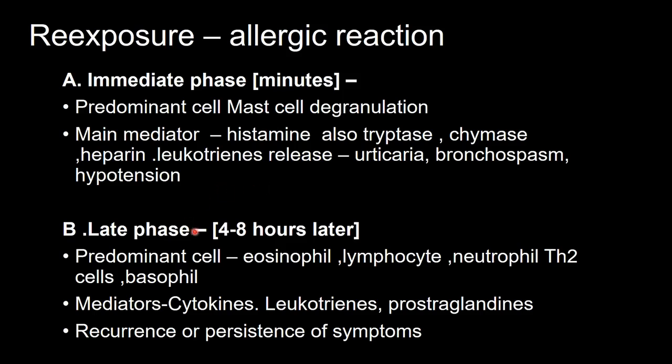And then 4 to 8 hours later, there is a late phase. During this time, the predominant cells are eosinophils, lymphocytes, neutrophils, Th2 helper cells, basophils.